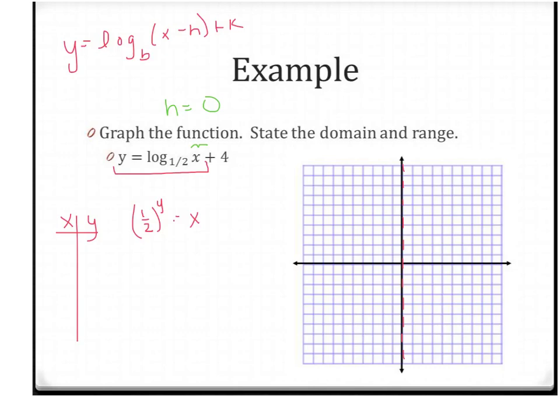And so then let's pick some x's. Let's pick a fourth. So if x is a fourth, what does y have to be for x to be a fourth? y would have to be 2, and then we're going to add our 4 to it, so that's how we get 6.